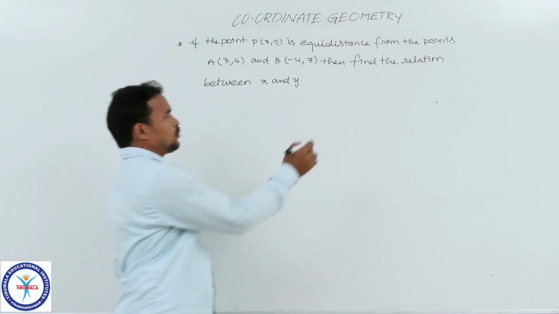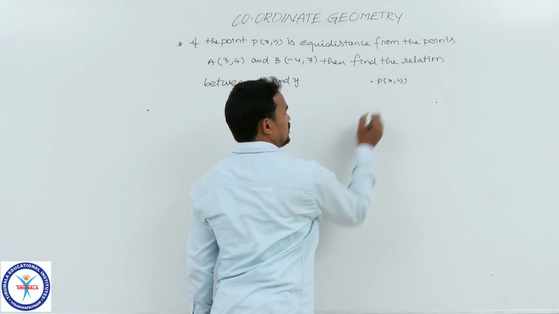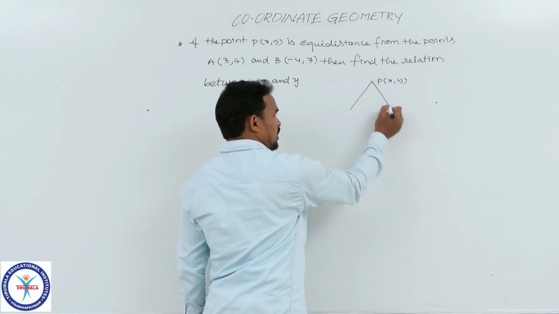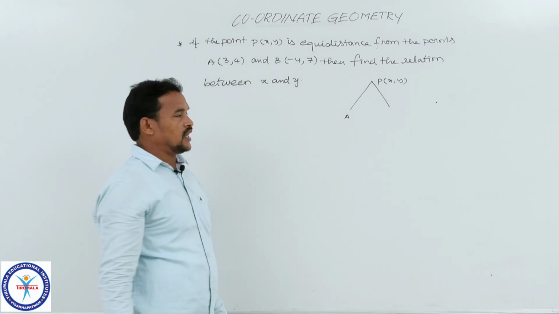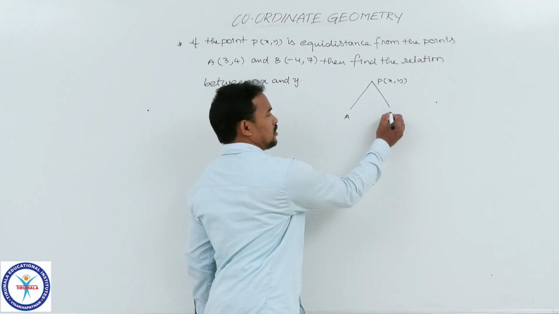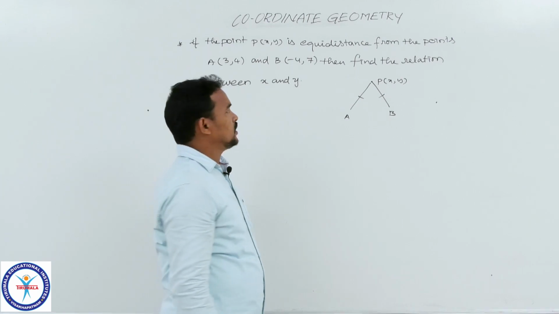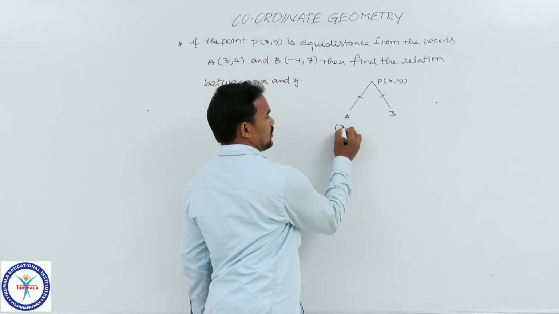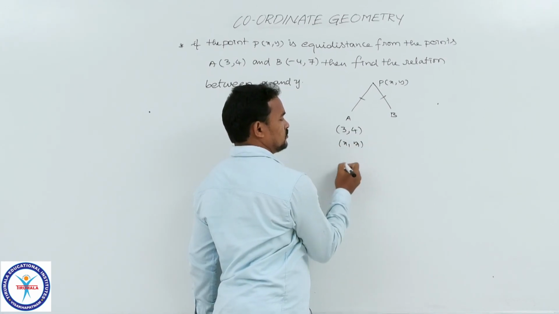Here what we observe is the point P, it is x comma y is equidistant from A and B. When it is equidistant from A and B means the distance from A to P and the distance from B to P both are same. That is nothing but AP equals to BP. If the A point is 3, 4, it is compared with x1, y1.